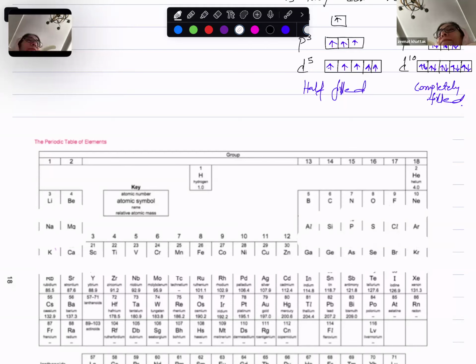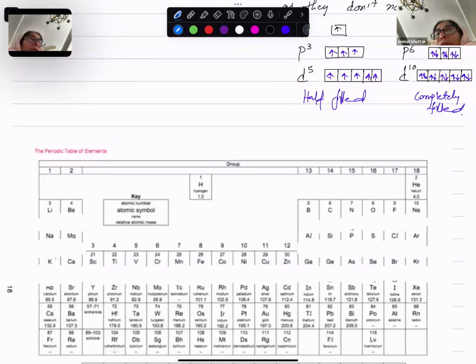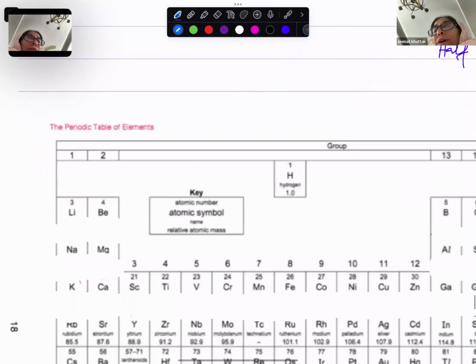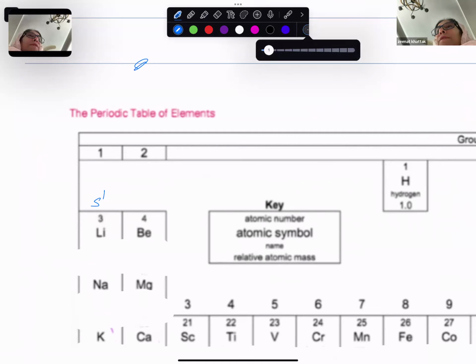Okay. Look. It's what? First S1. Let me tell you. No, it's very big.